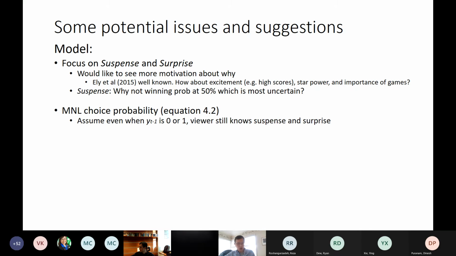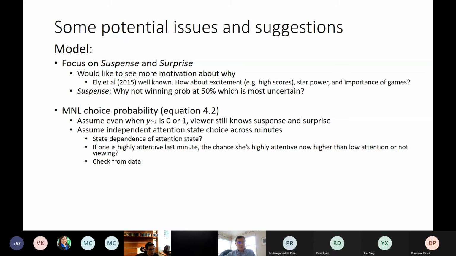Now, that can be a very strong assumption. I understand that sometimes you need to make assumptions for the model, but if you can think about some way to allow that the viewer may not be able to update the suspense and surprise, you may have a better specification.